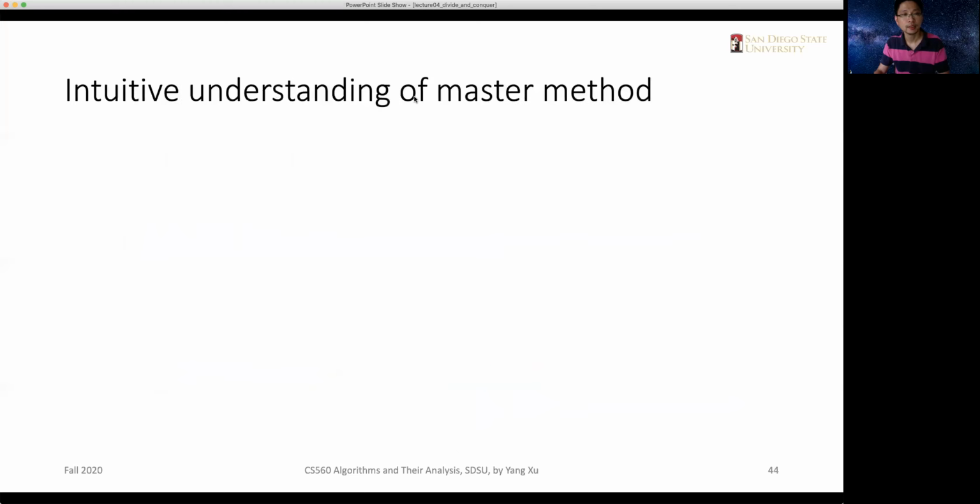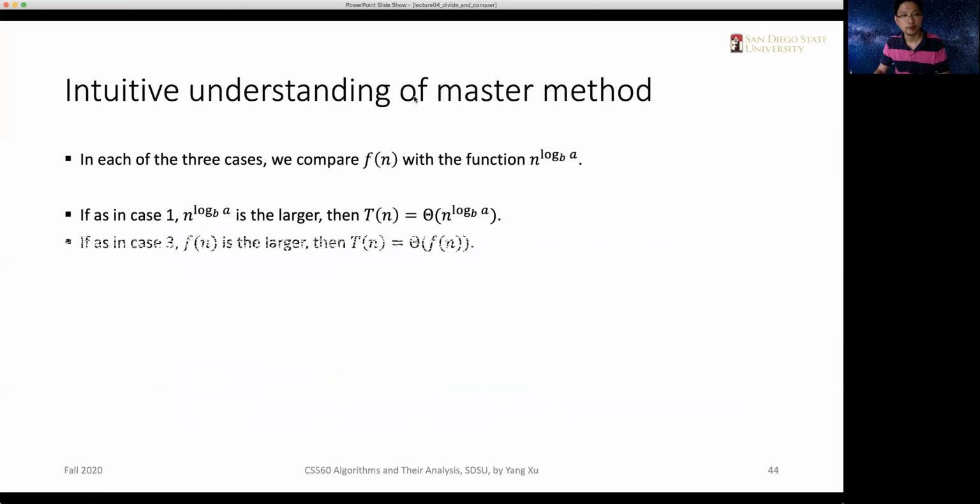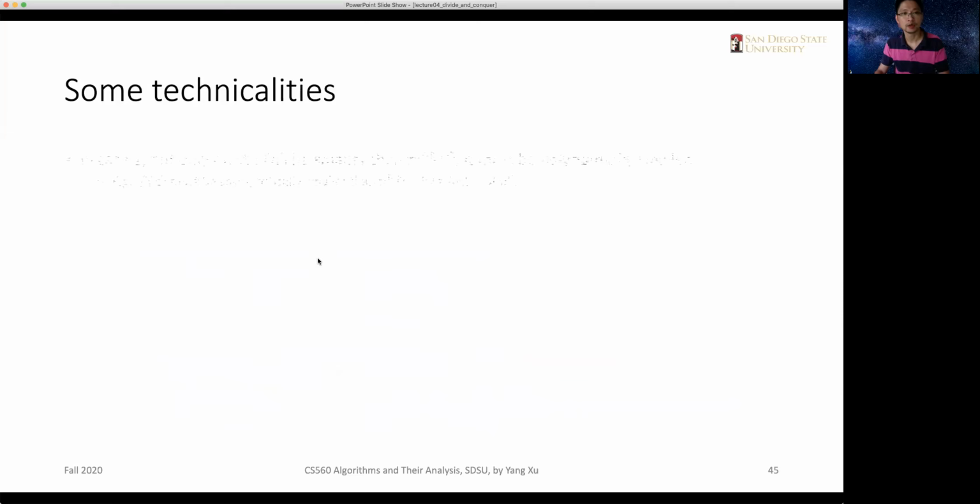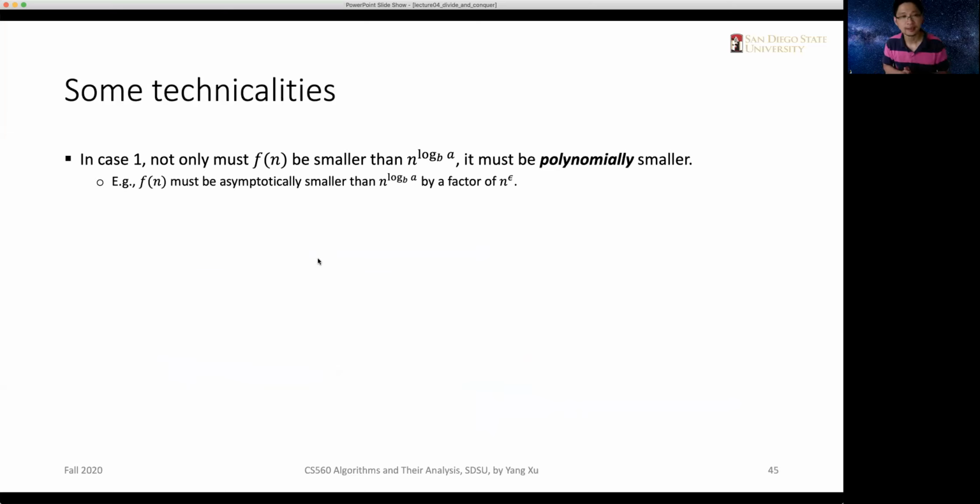All right, so we've been through this last time. The technicality is that in case 1, the function f(n) should be smaller than the polynomial function, but it should be polynomially smaller.